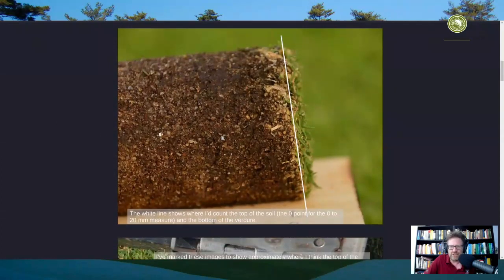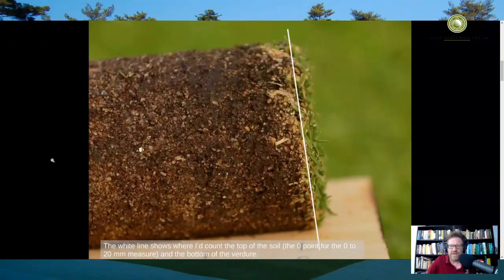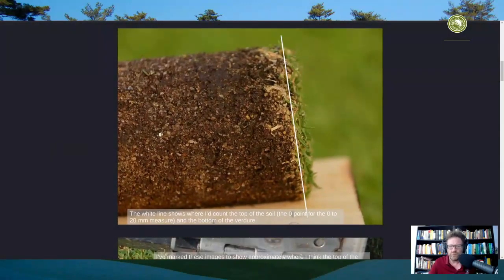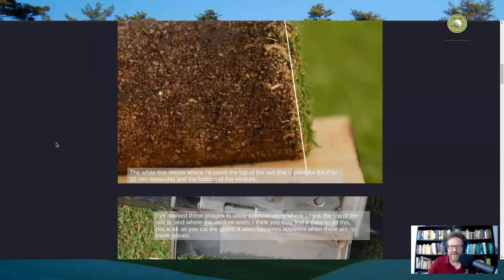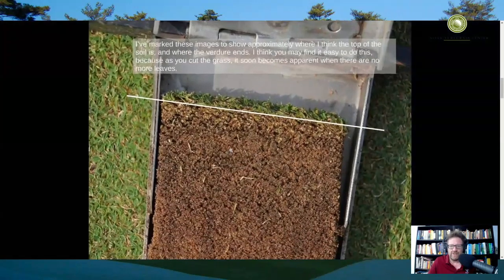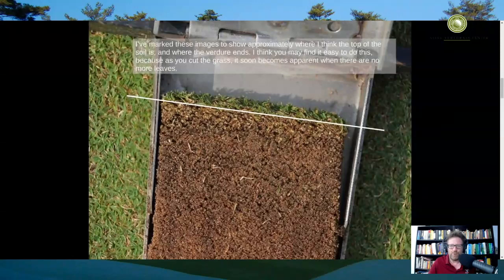And these images that I put in the blog post have a line that marks what I would consider to be the 0 point. So if you want to collect your OM246 samples in the same way that I am, then you can cut the sample from wherever the 0 point is.